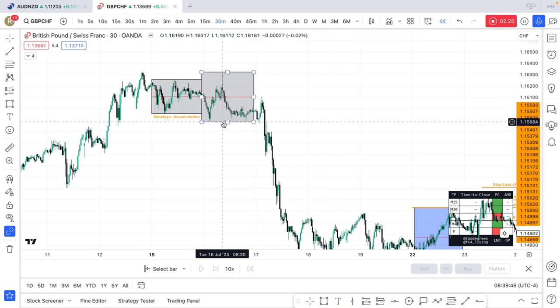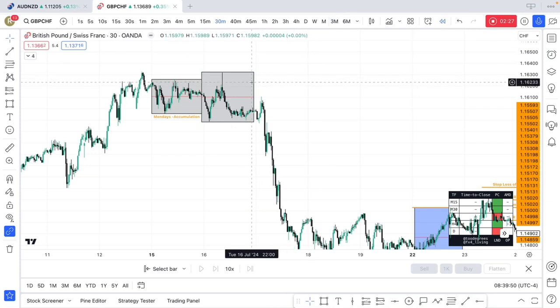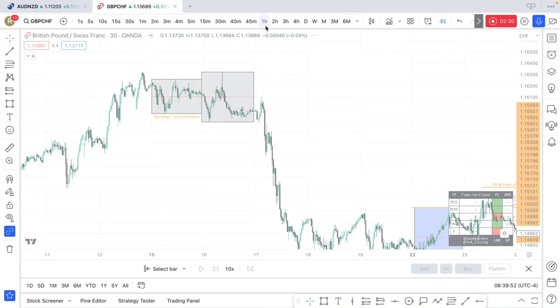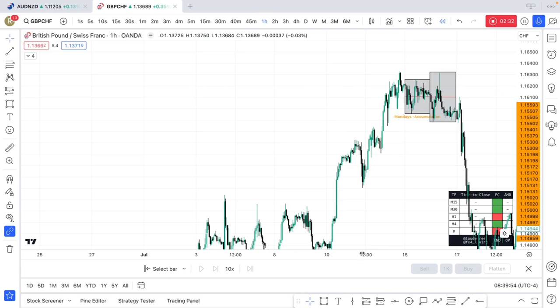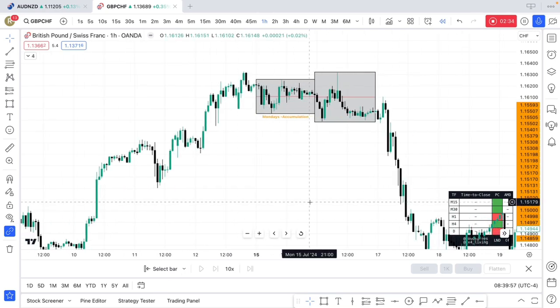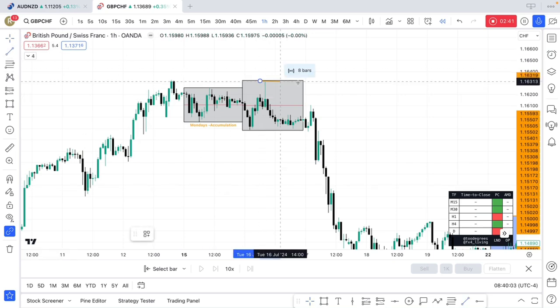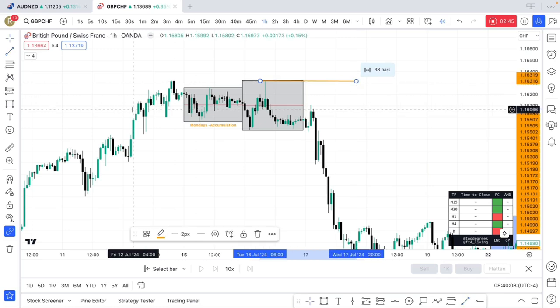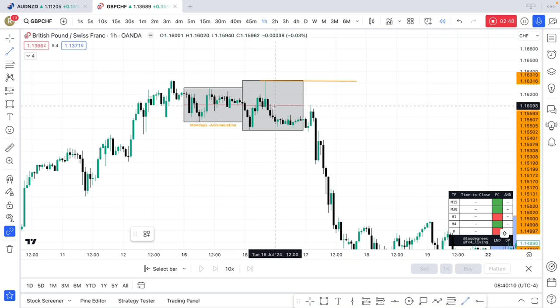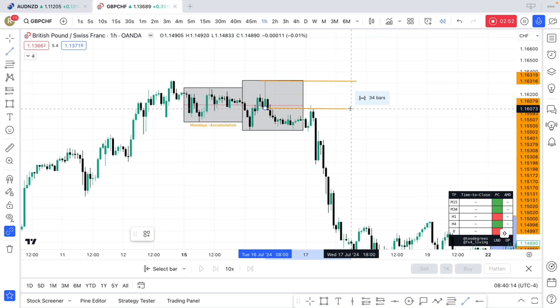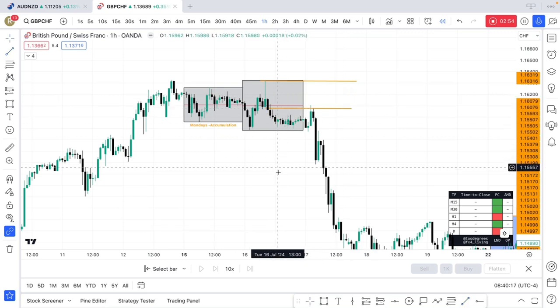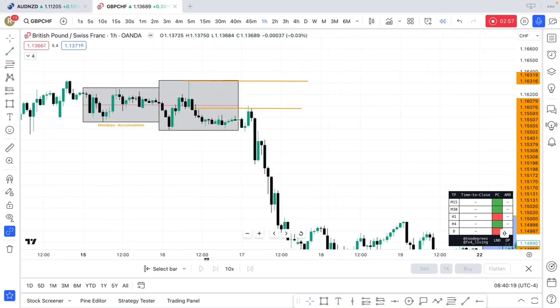So on this particular day, you go to the 1 hour time frame and look for the 8 o'clock candle. When a candle forms at 8 o'clock, it means that it started at 8 o'clock and ended at 9 a.m.